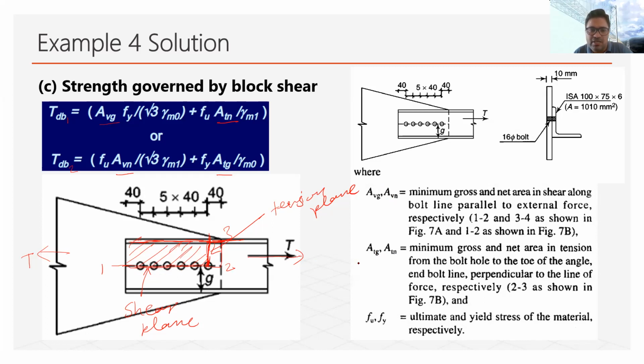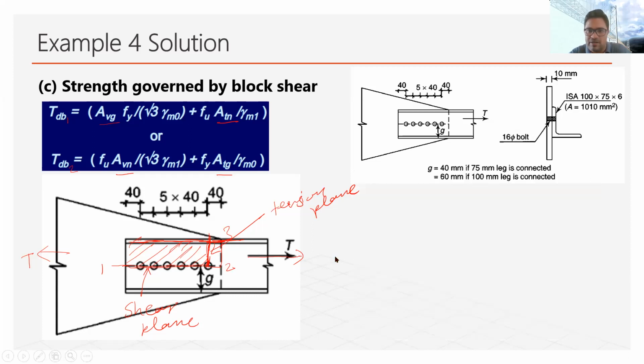ATG will be the gross area along line 2, 3, which means without the hole, and ATN after the deduction of the hole. So please remember this is line 1, 2, and this is line 2, 3. We will see how we can find these out.